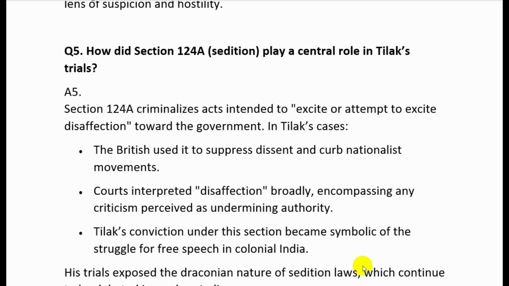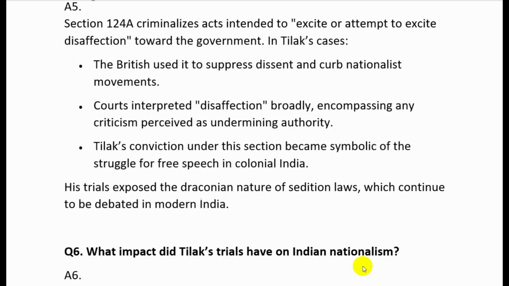In Tilak's case, the British used it to suppress dissent and curb nationalist movements. Courts interpreted disaffection broadly, encompassing any criticism perceived as undermining authority. Tilak's conviction under this section became symbolic of the struggle for free speech in colonial India.